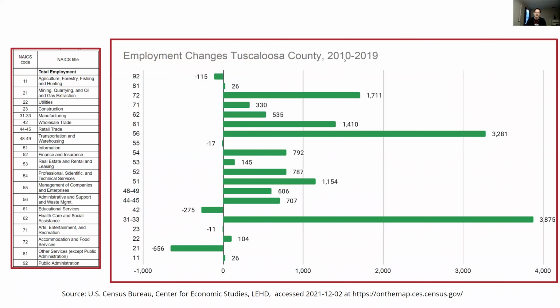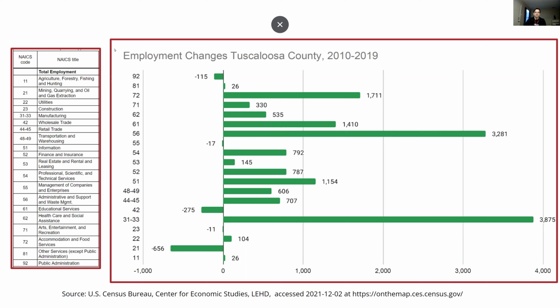This figure might be the best way to illustrate changes in Tuscaloosa County's economy, showing the actual employment changes from 2010 to 2019. You can see the large increase in manufacturing, information, administrative support, and waste management, education, and accommodation and food services.